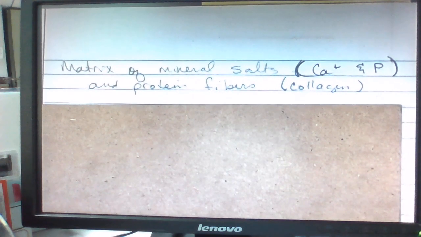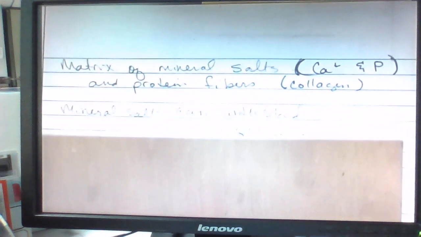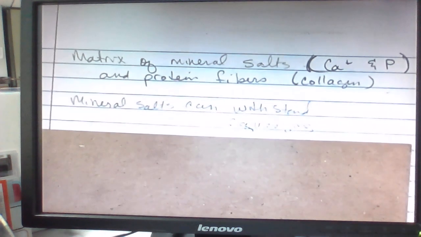So mineral salts, those are really hard substances. And so they give bone its strength in terms of it's very resistant to compression or to squeezing forces. So mineral salts, they help the bone to withstand squeezing forces. Salts are very hard. I mean, think of it like table salt.